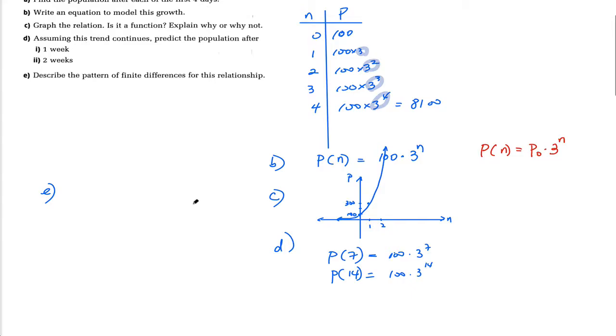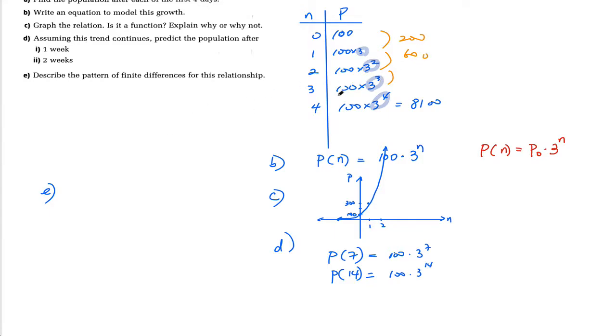E. Describe the pattern of finite differences of this relationship. Finite differences refer to the differences between the y values, in this case the P values. So here the difference is 200. 900 minus 300 is 600.